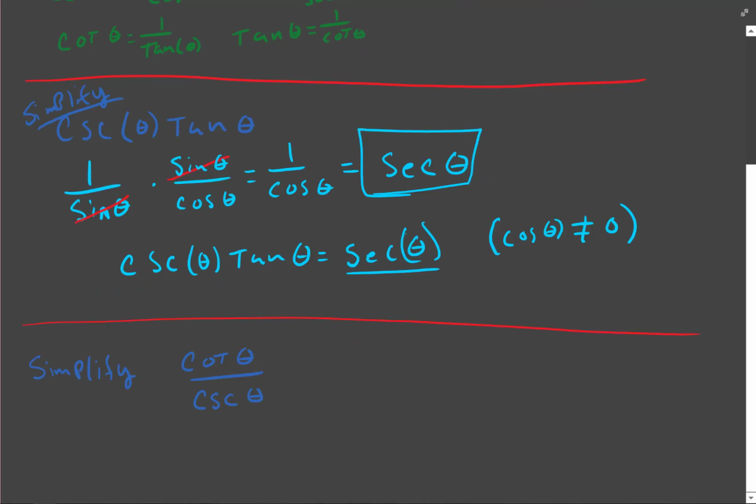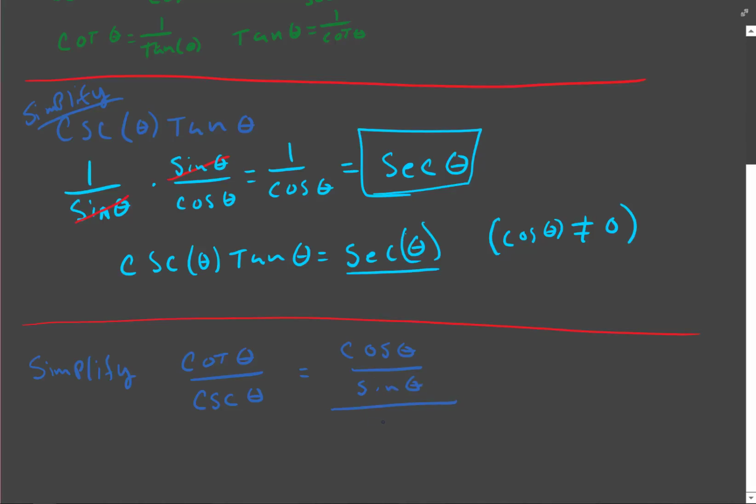One more example. We're asked to simplify cotangent of theta over cosecant of theta. And once again, these can both be written in terms of sine and cosine. Cotangent is the same as cosine of theta over sine of theta.